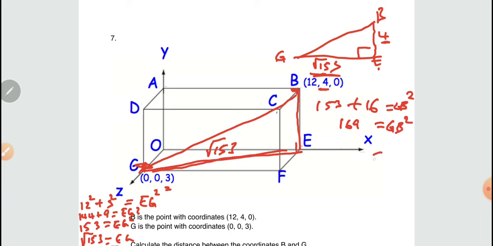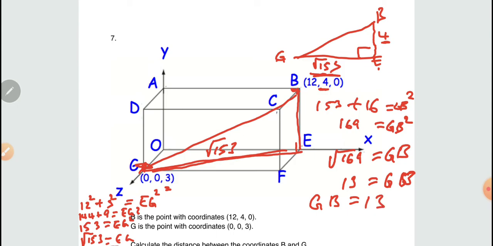But we don't want GB squared, we just want the length G to B. So we've got the square root of 169. And what's the square root of 169? It's 13. 13 is equal to GB. So the length GB is 13.